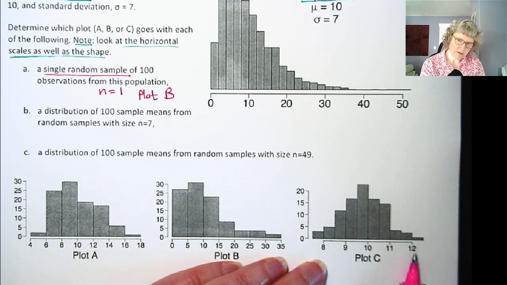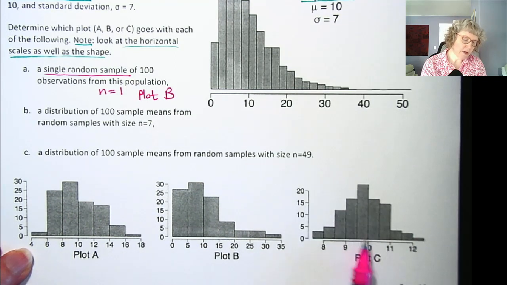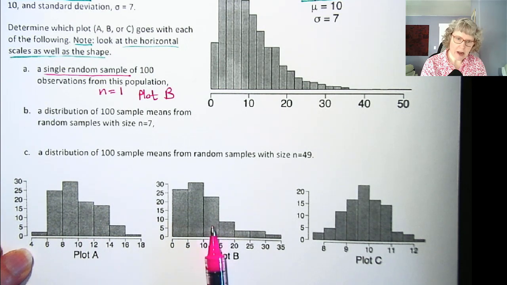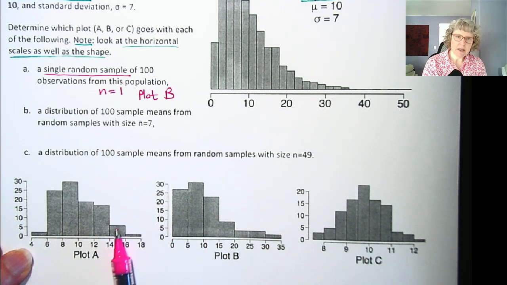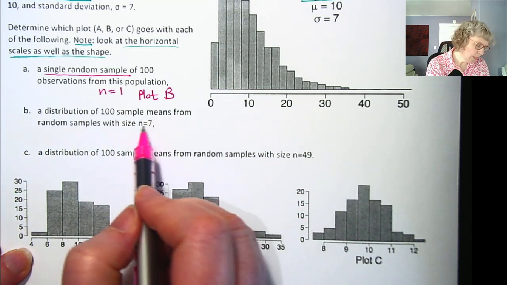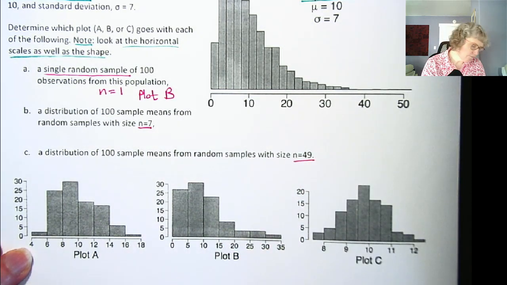So C is also narrower than A. And C is also getting more symmetric. So I know C is going to be the larger sample size. Does that make sense from what we're seeing? So B is a one sample graph. A is the intermediate, a small sample size, n equals 7. And then C is the larger sample size, n equals 49.